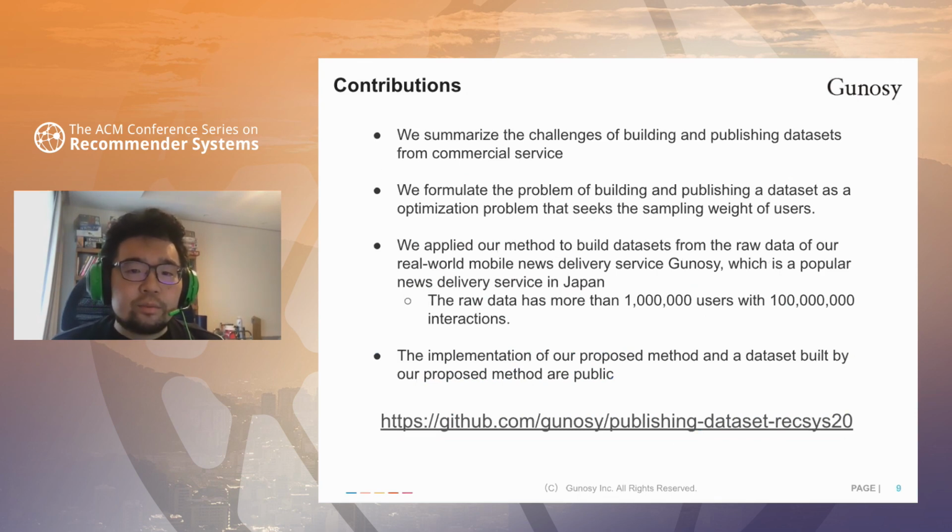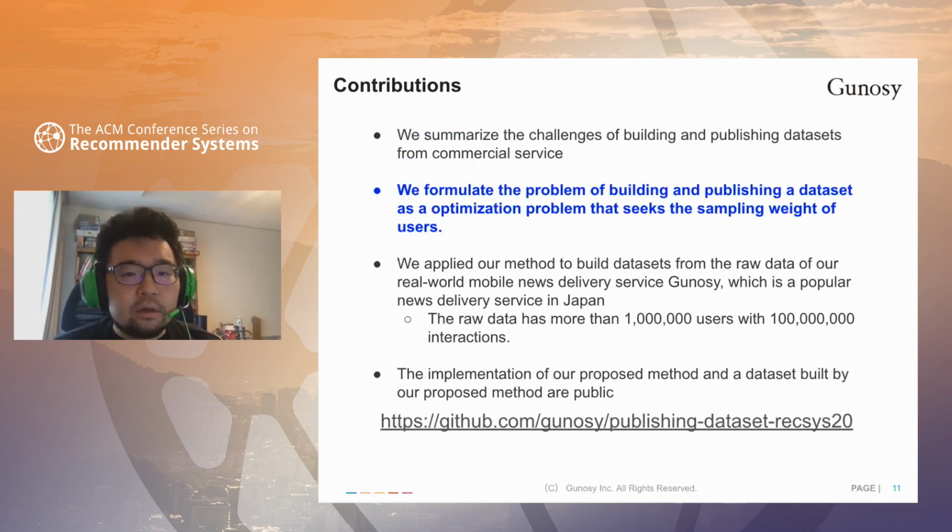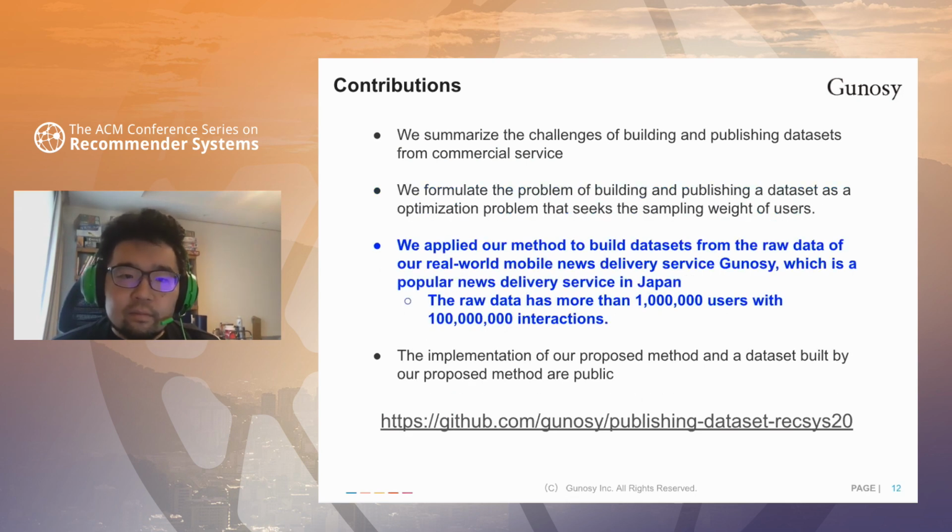We have 4 contributions in this paper. First, we summarize the challenges of building and publishing a dataset from commercial services. Second, we formulate the problem of building and publishing a dataset as an optimization problem that seeks the sampling weight of users. Third, we apply our method to build a dataset from the raw data.